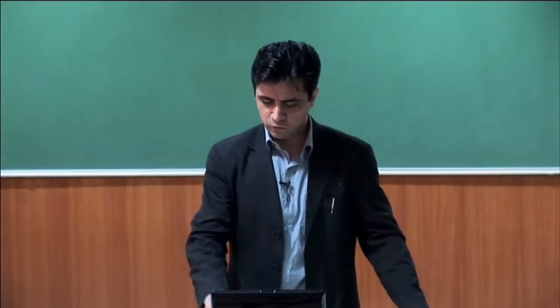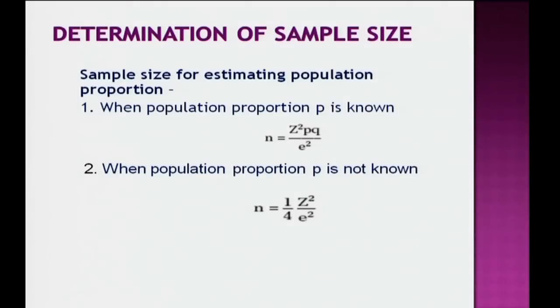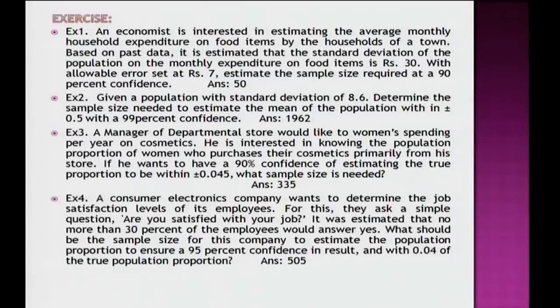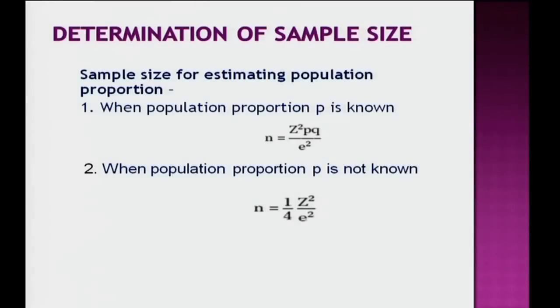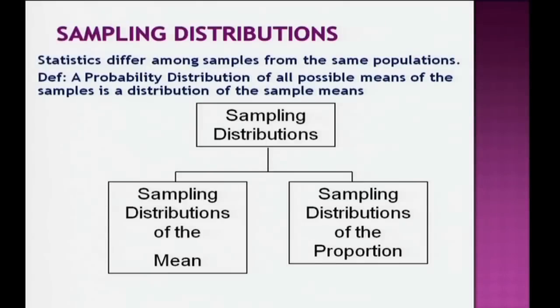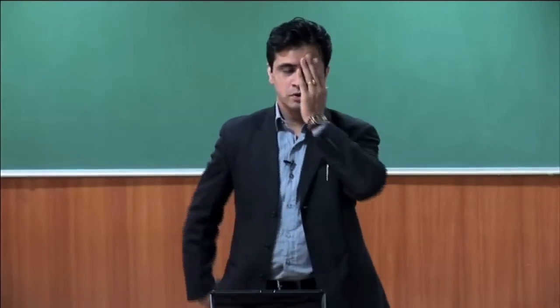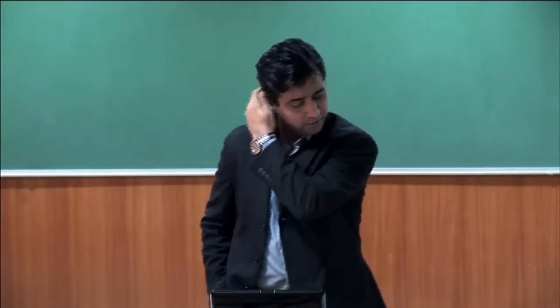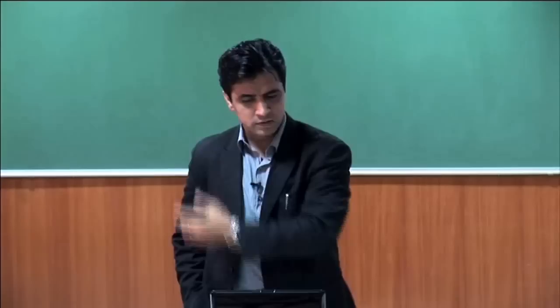So, if you take that 1.96 as z value and 0.04 as the allowable error, and P would be 0.3, Q would be 0.7, you can calculate the sample size expected, right. In the same way, second and third examples can also be attempted easily.